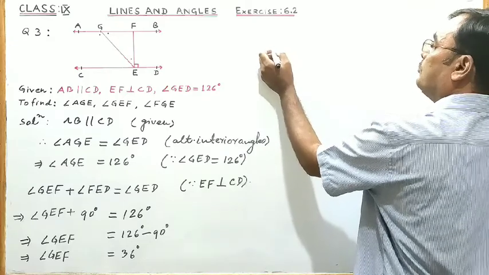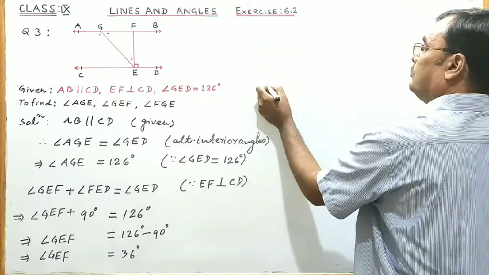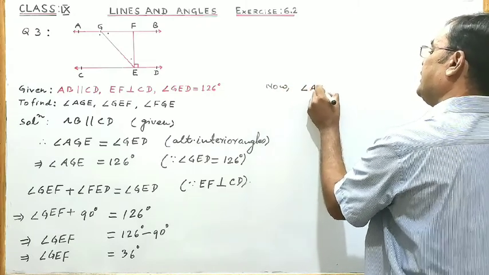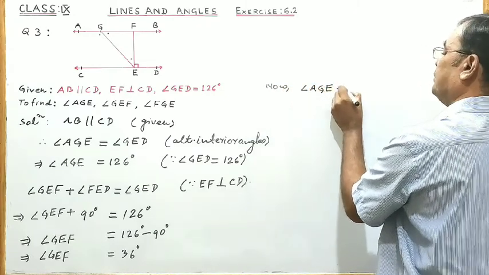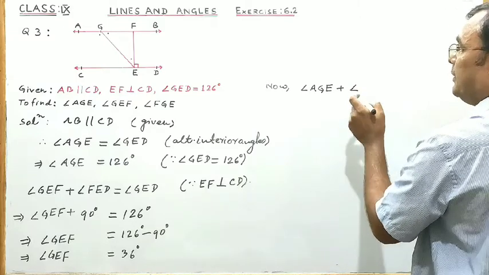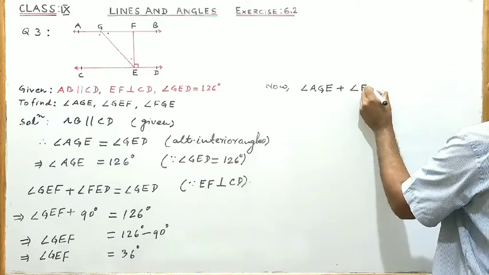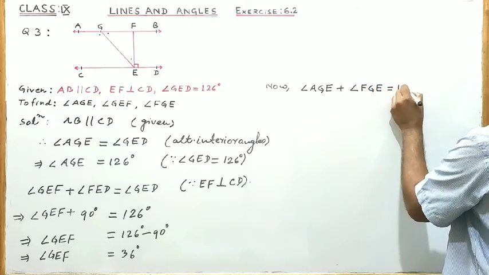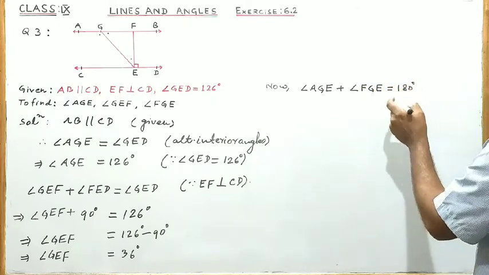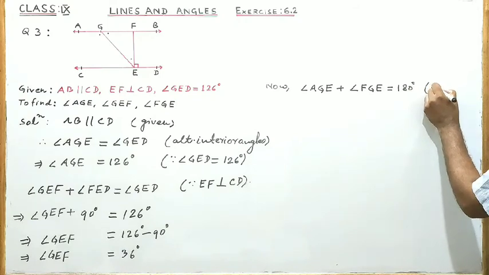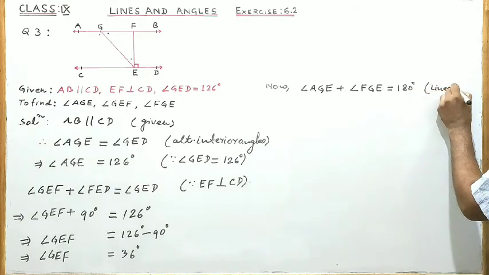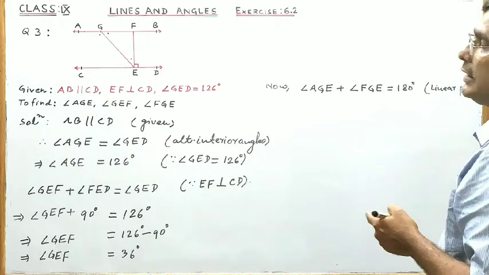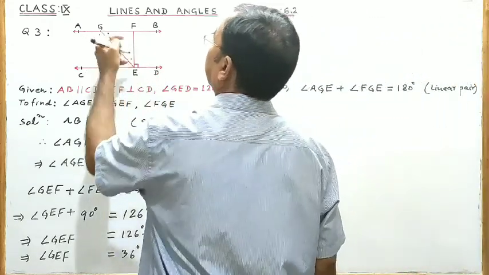So now angle AGE plus angle FGE is equal to 180 degrees because they form a linear pair of angles at point G.